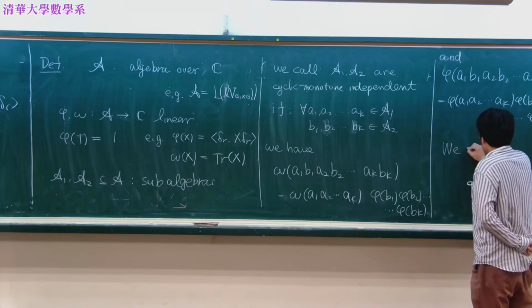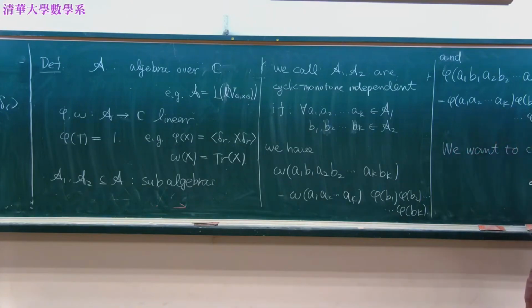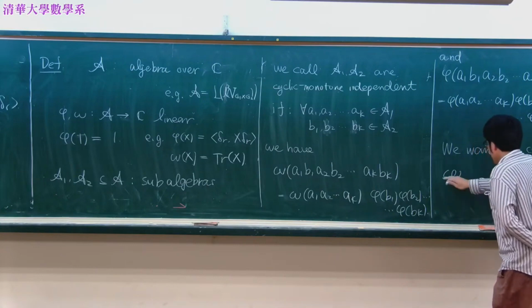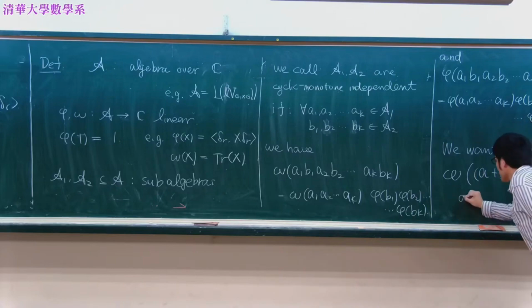So we want to compute omega. You can think this is a trace. Omega of A plus B to the K, where A is from algebra A1 and B is from algebra A2.